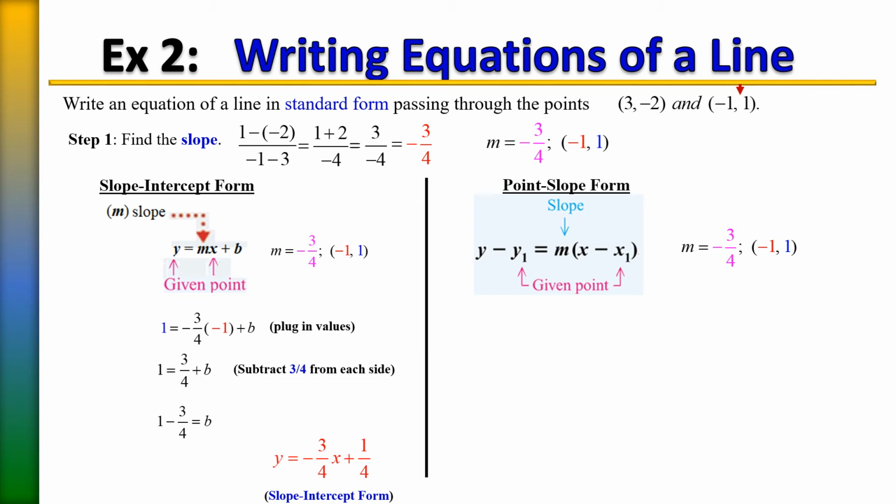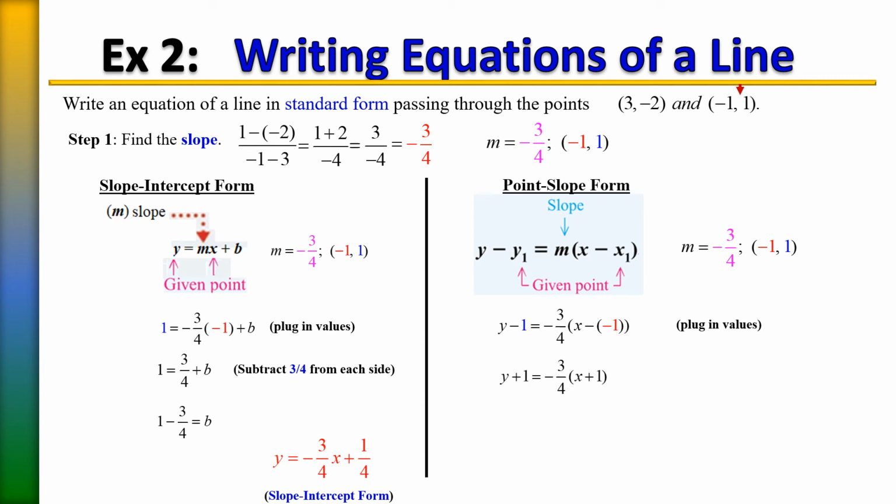Let's go over to the right side here, and for those of you who prefer the point slope form, we're going to go ahead and plug in our values. We're going to remove y sub 1 and replace with 1. Remove m and replace with negative 3/4. Remove x sub 1 and replace with -1. Recall double negatives become positives.